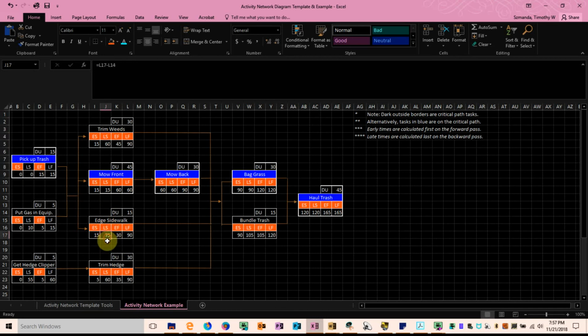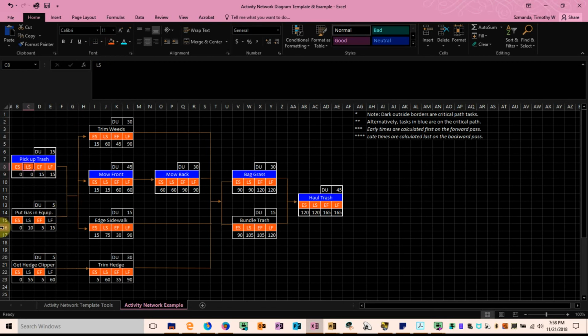So we're going to compare 75 to 15 to 60 because these are the three activities that immediately follow picking up the trash. And the minimum of 60, 15, and 75 is 15. So we will select 15 as our latest finish time. The latest start time, of course, is at the initiation of the project. 15 minus 15 is 0.